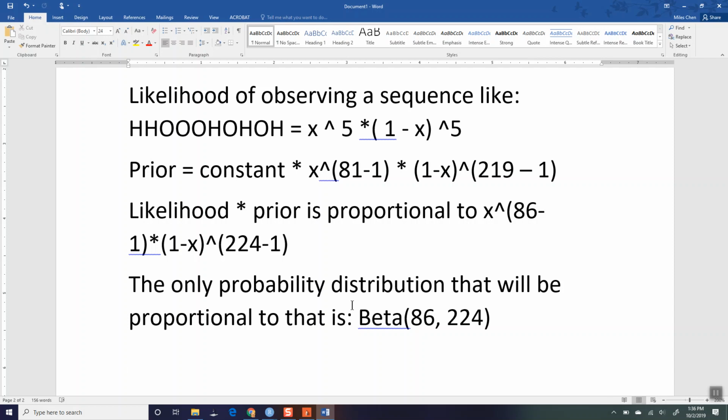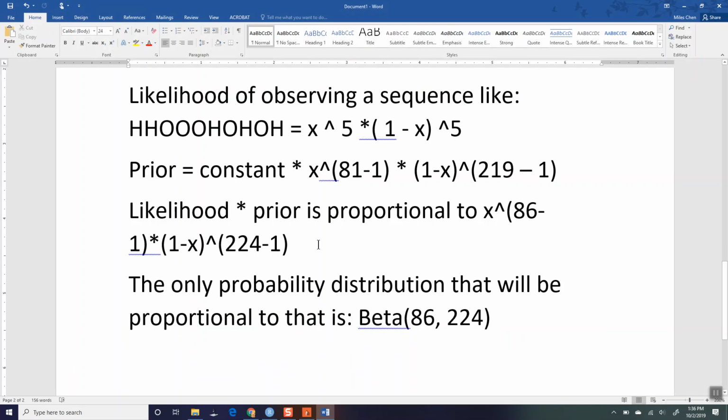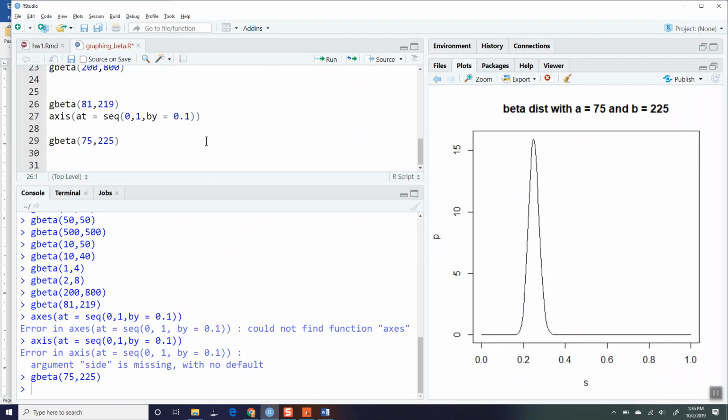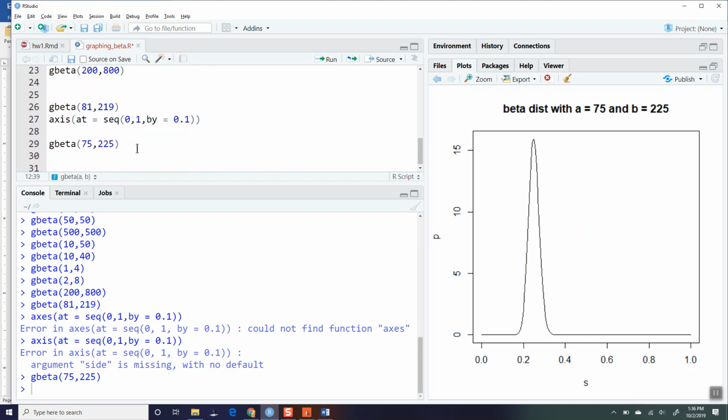I just want to pause here and make sure we're okay with jumping to this. Here's the thing. We can graph this and see what the beta distribution with 86, 224 looks like.